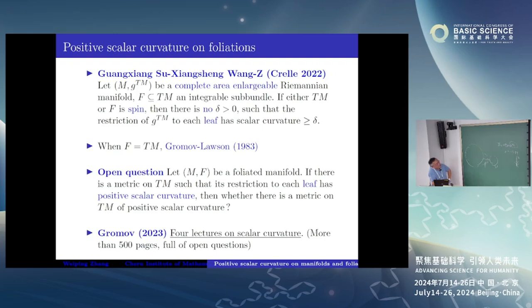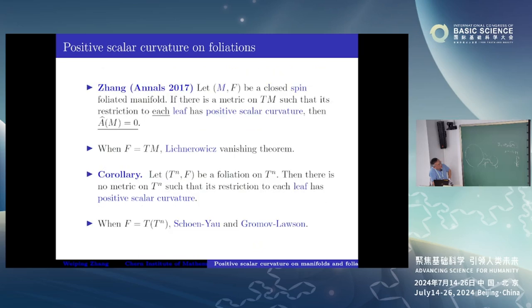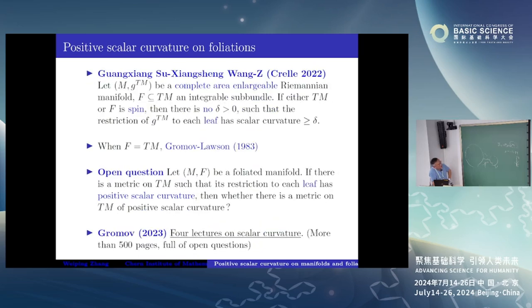So this is still open. If the manifold is simply connected, combining our theorem with Stolz's theorem, we can give a positive answer for simply connected manifolds of dimension larger than or equal to 5. But in general, it is still open. It's a natural question, open for a long time.